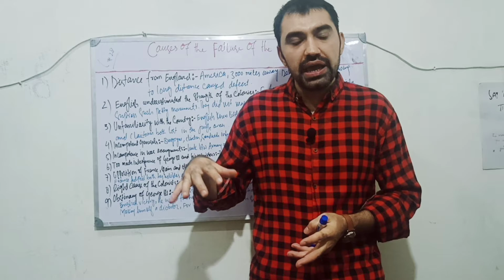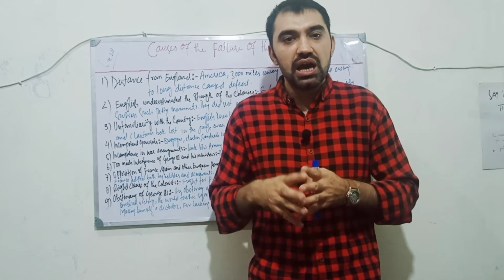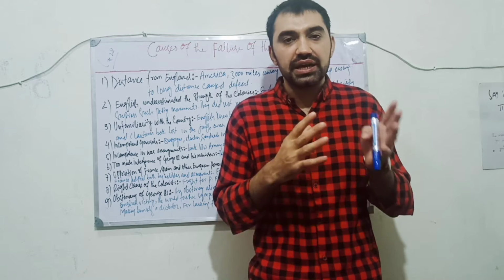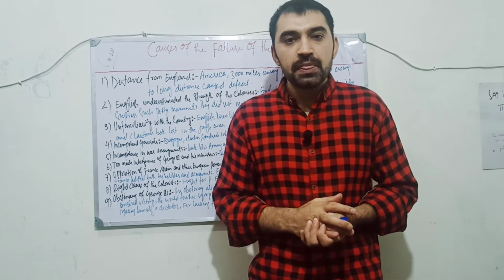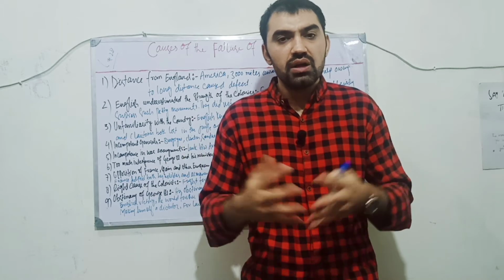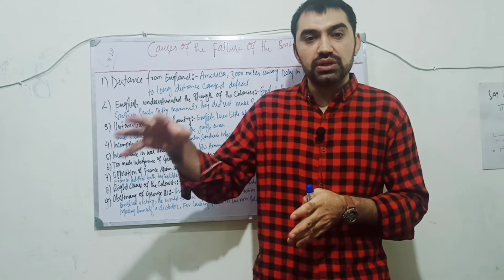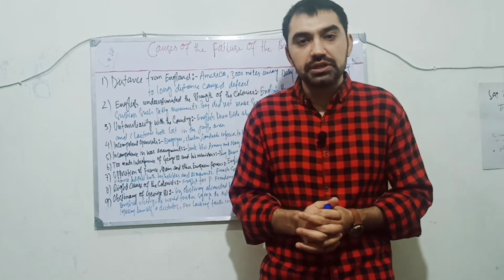So these incompetent generals could not devise any such calculated steps against George Washington, and they could not think farsightedly. Thus, their inferiority led to the defeat of the British government.